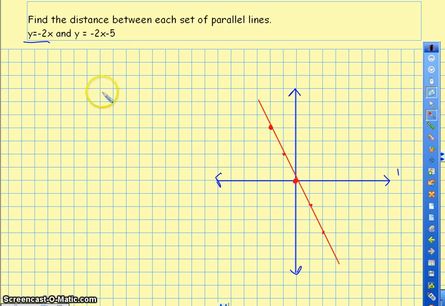Okay, and I'm going to do the same thing with the second one. I have negative 5 as my y-intercept, so 1, 2, 3, 4, and 5, and the same slope. So up 2 over 1, up 2 over 1, up 2 over 1, down 2 over 1, and connect those dots.